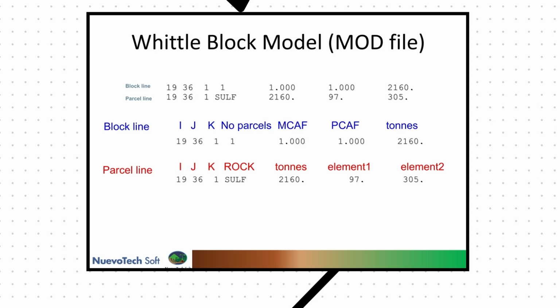For example, a line like IJK 1936-1 shows the block is sulfide with 2106 tons and some metals. In practice, planners might look at this copper mine's Whittle model, where the block 1025 has 500 million tons of ore, right?